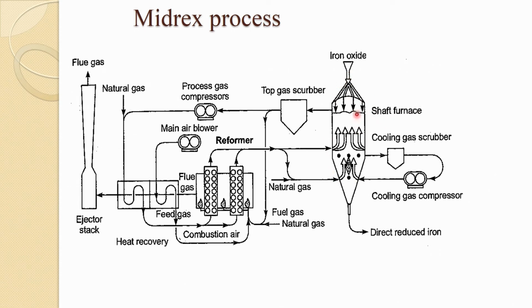So, this is the main furnace shaft. From the top, iron oxide or iron pellets are fed, and somewhere in the middle, this highly reducible reformed gas is sent in. Most of the reduction occurs over here, and from the side you also send some natural gas, which gives a sort of cooling effect.